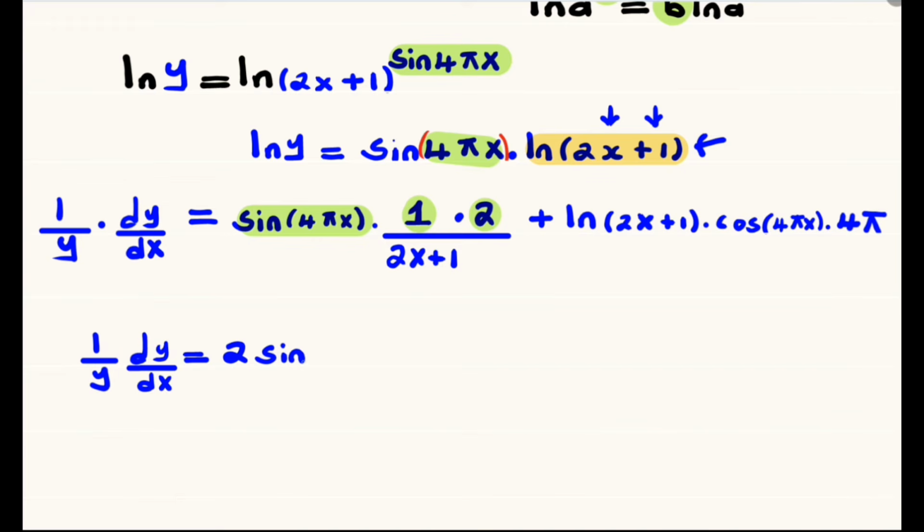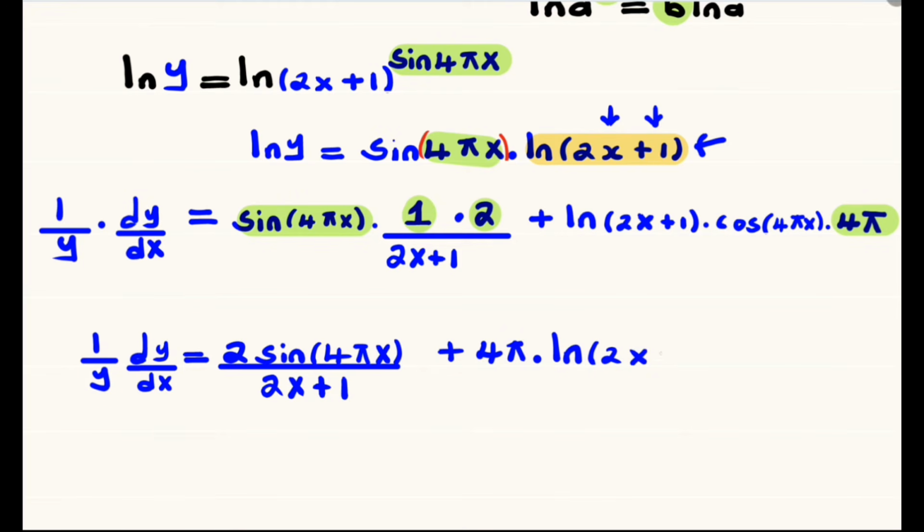We write the 2 multiplied by the sine of 4 pi x, and this is divided by the 2x plus 1, plus, let's write that 4 pi first. So we have the 4 pi multiplied by the ln of 2x plus 1 multiplied by the cos of 4 pi x.